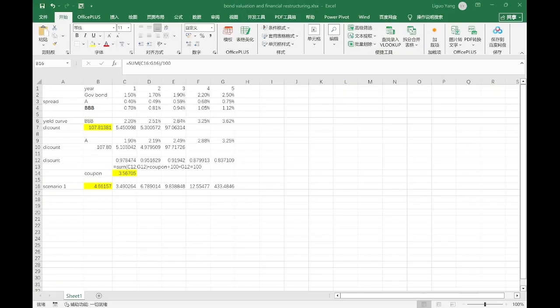Mathematically, the Macaulay duration is the present value of each of a bond's cash flows multiplied by the time period of the cash flow, and then we sum these weighted present values, and then divide the result by the bond's total present value. You can take a look at my calculation.